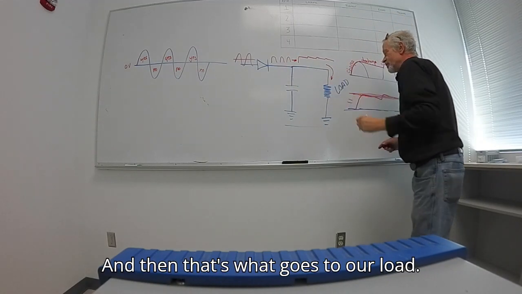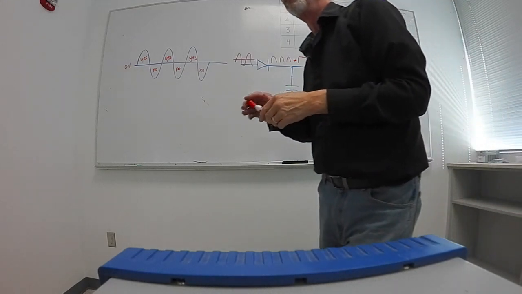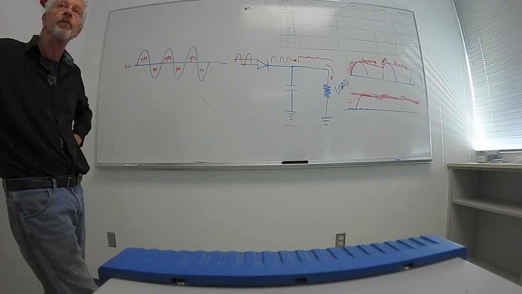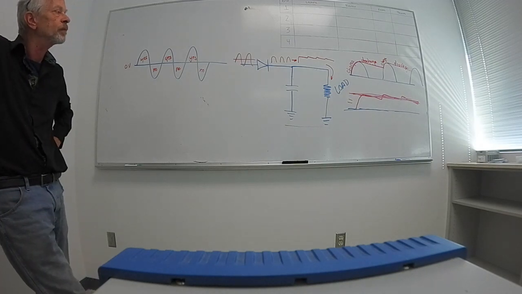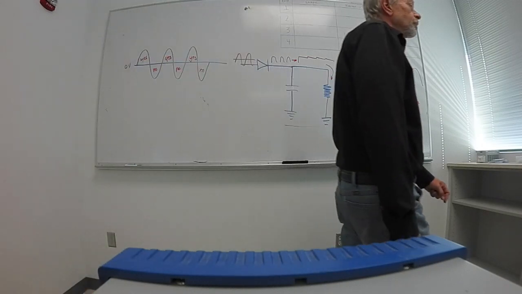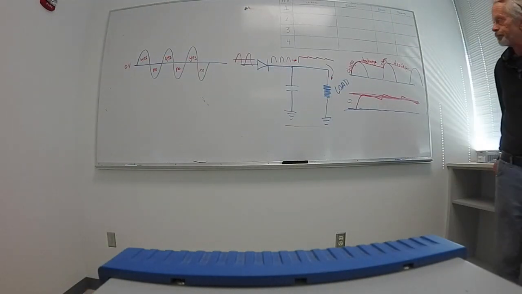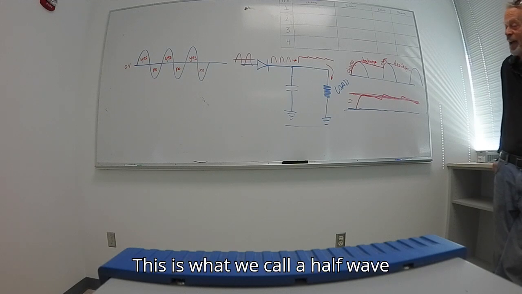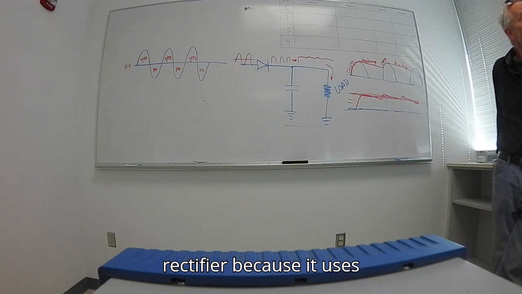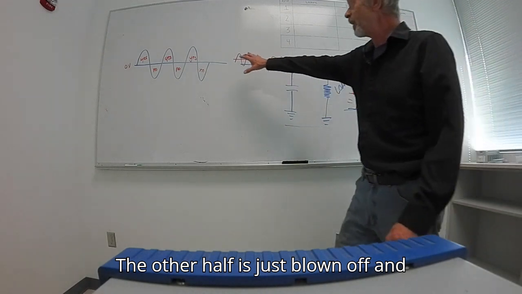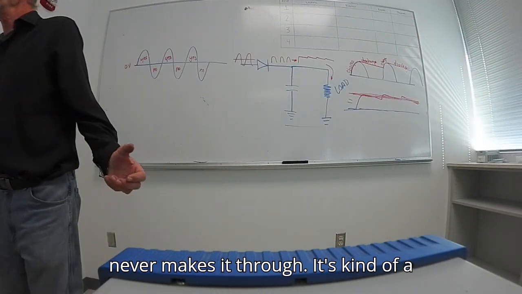And then that's what goes to our load. This is what we call a half-wave rectifier because it uses half of the waveform. The other half is just blown off. It never makes it through. It's kind of a waste.